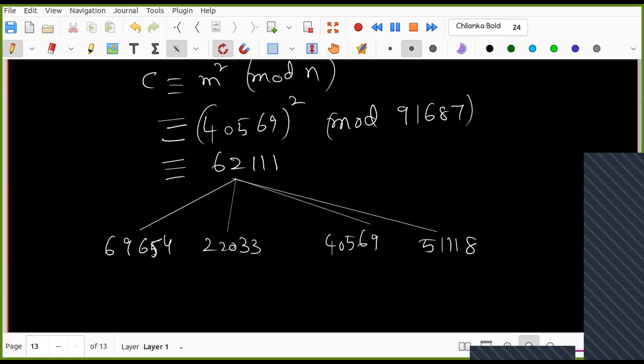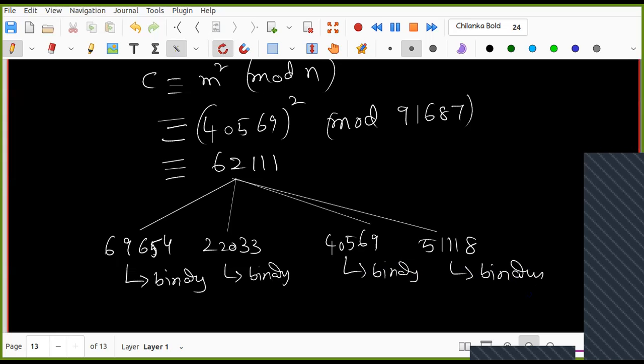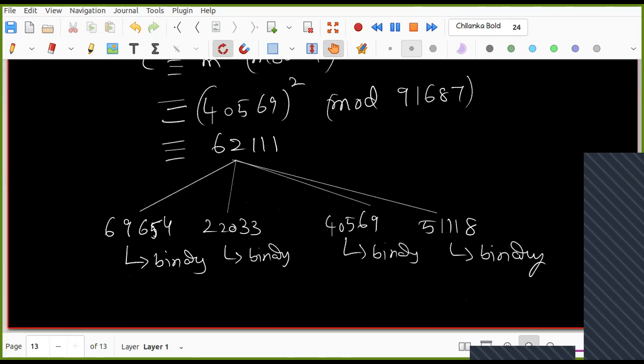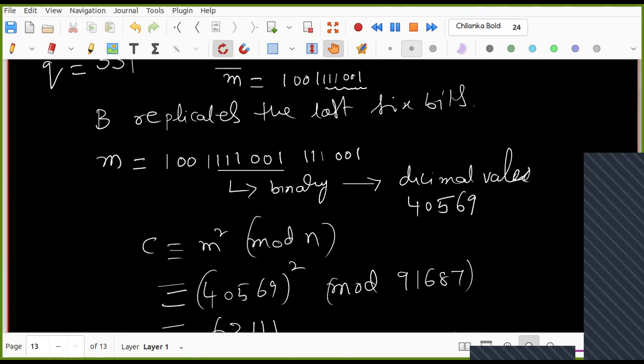Now we will convert them into binary. Exactly one of them will fit my M-bar. I'm not writing what these binaries are here, as that's not going to make sense to you. But you will see that only one of them matches this bigger one.